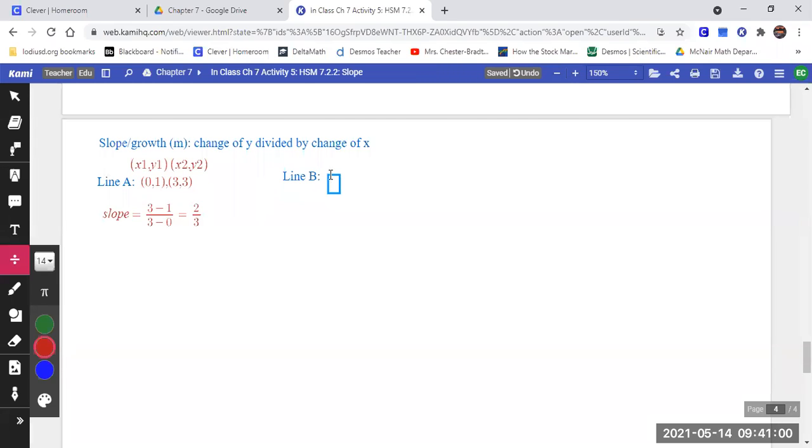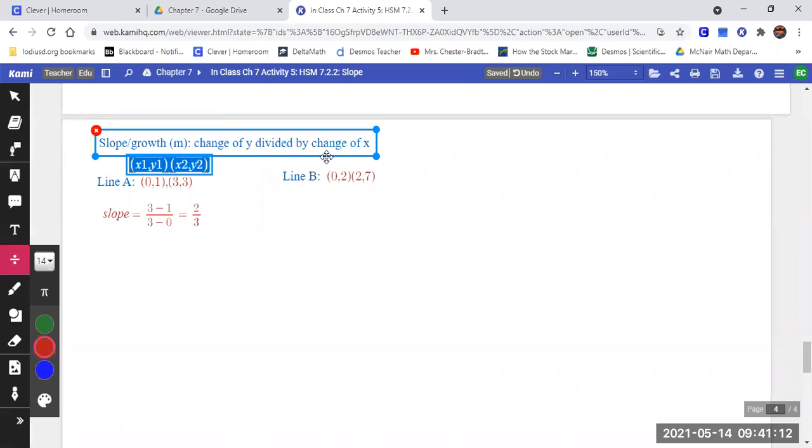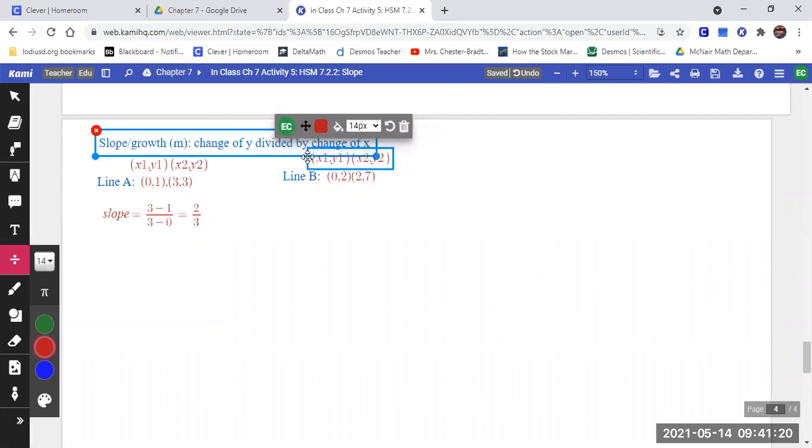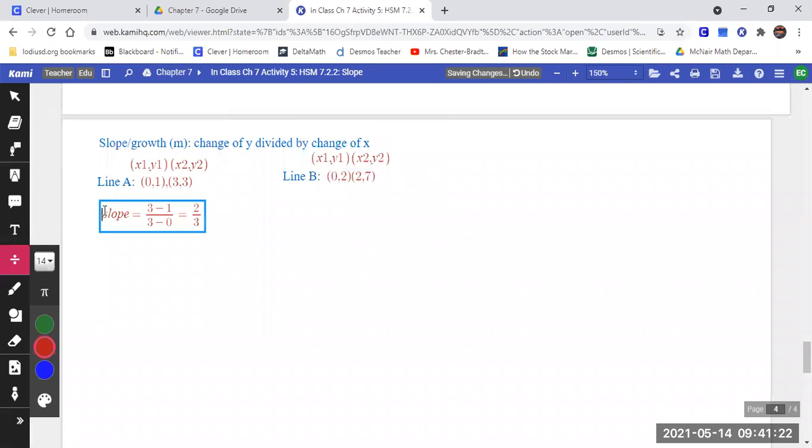Equation. I still have some people that are not using the equation editor and I haven't figured out why. We're going to do the same labeling as we did for A. Copy that over to above the B coordinates. You might have to put it and then shift it because of all the other little things going on. We're going to do the same calculation for slope as we did for A. So copy it and paste it.